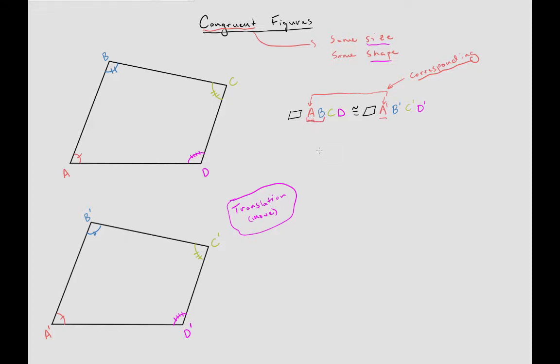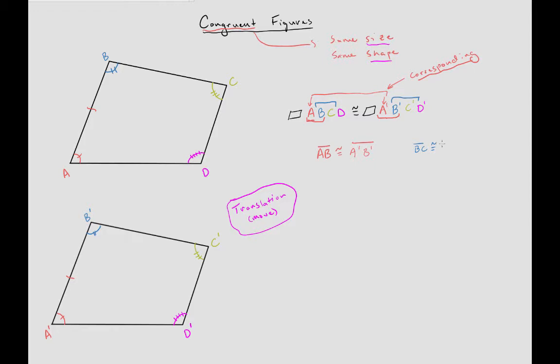Segment AB, well, that's the first 2 letters. The first 2 letters here are segment A prime B prime, and those are also going to be congruent in this case. And we can go right down the line and do that for every single piece of this.